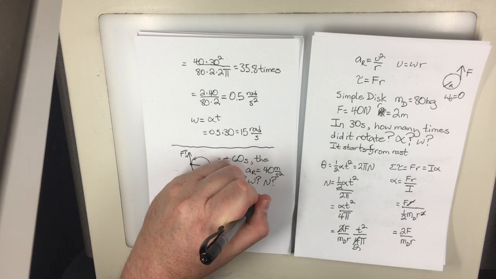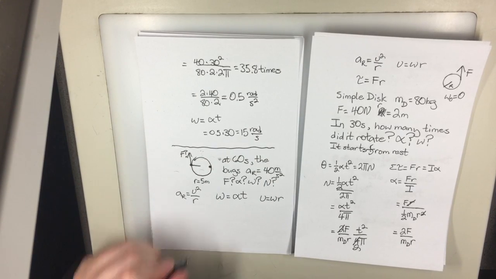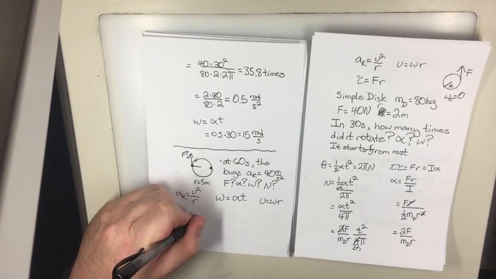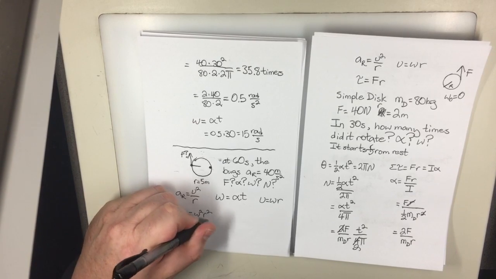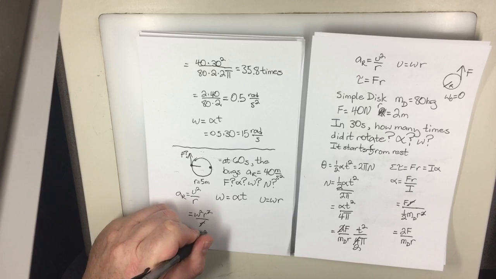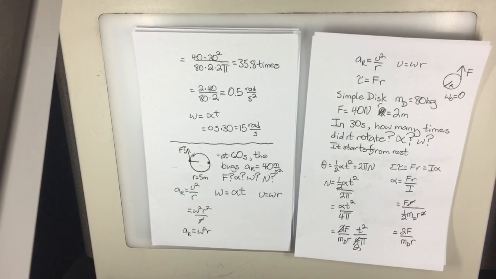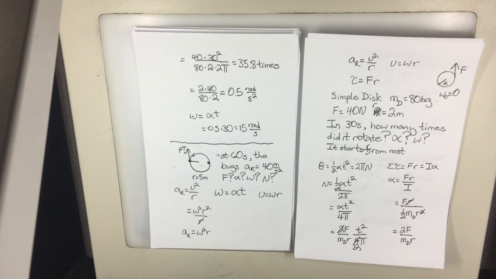I also know that V is equal to omega r. This makes this omega squared r squared over r. So radial acceleration can be rewritten as omega squared r.